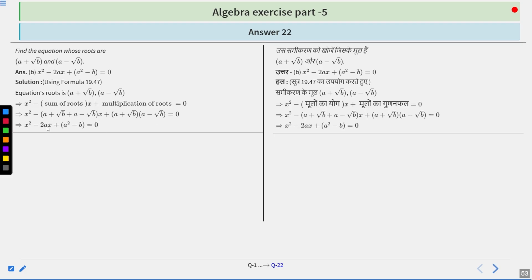Therefore, x square minus, a plus a is 2a and root b minus root b is 0, so we get only 2a inside the brackets, that is equal to minus 2a into x plus a plus root b into a minus root b, which is going to be a square minus b. That is equal to 0. So the equation is x square minus 2ax plus a square minus b equal to 0. Option number B is the correct answer.